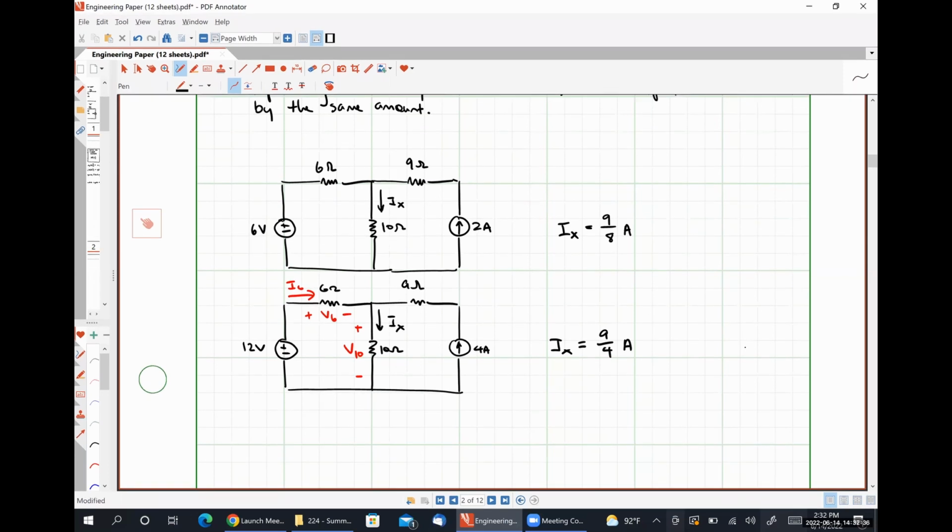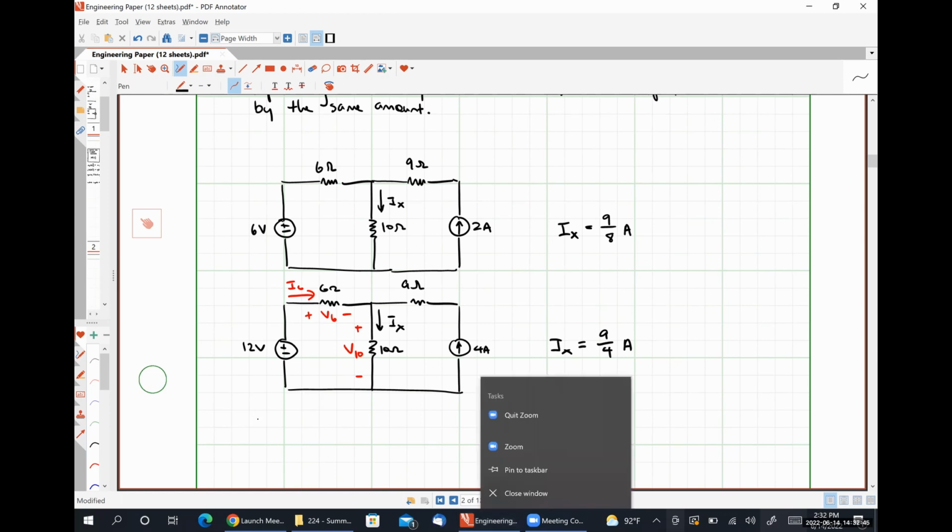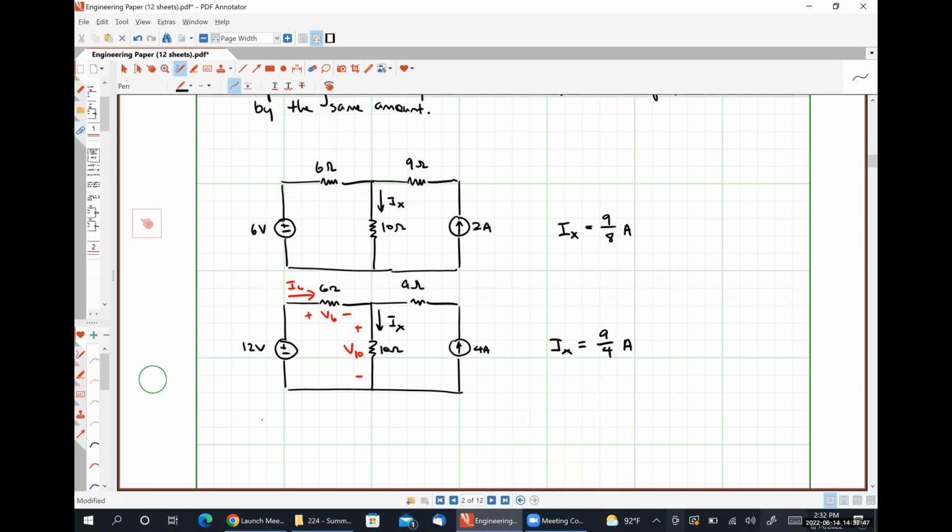Applying KCL, I should see that I have negative I6 plus IX is equal to 4 amps.